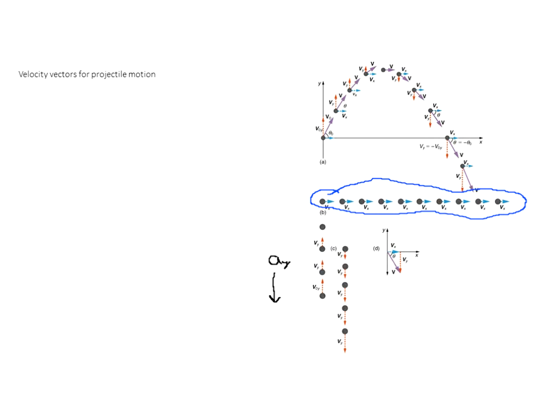So if this is 0, let's just say this is situation 1 here. So notice that V0y is greater than V1.